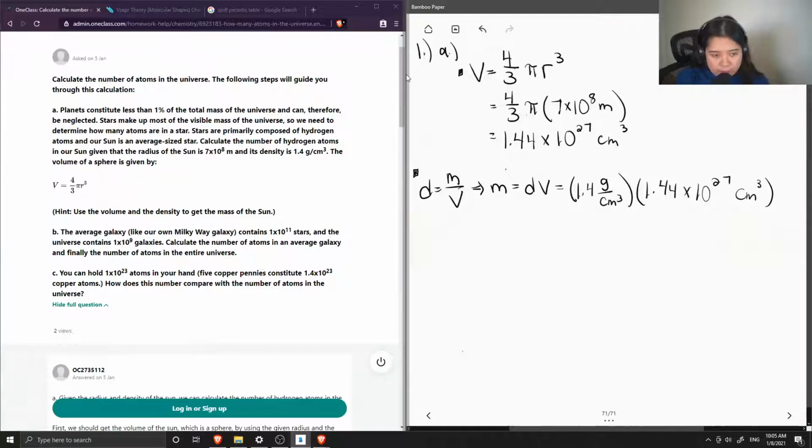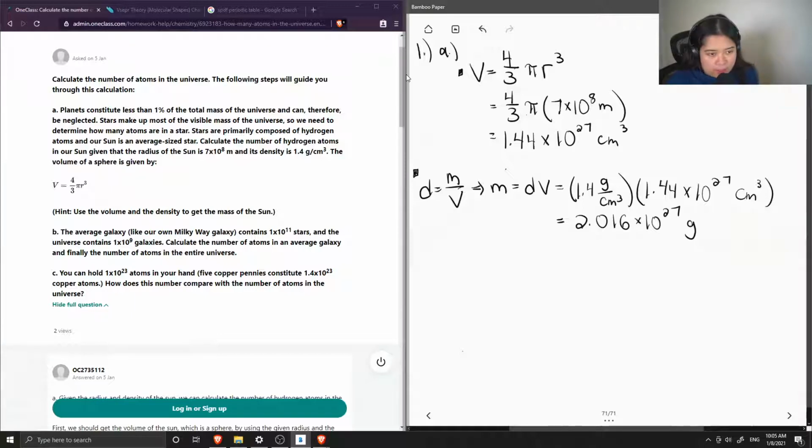Okay, so if we multiply these two values together, we get a mass which is 2.016 times 10 to the 27 grams.